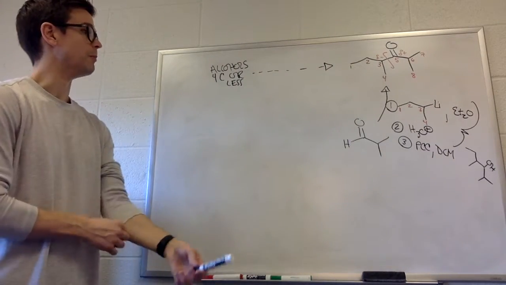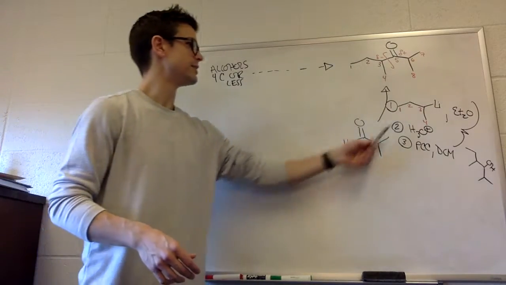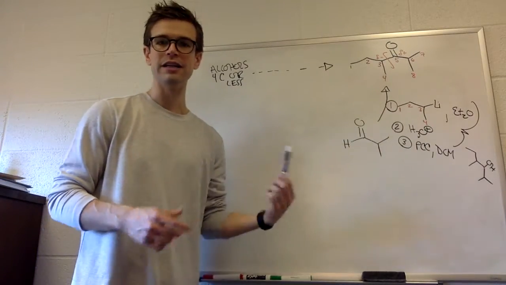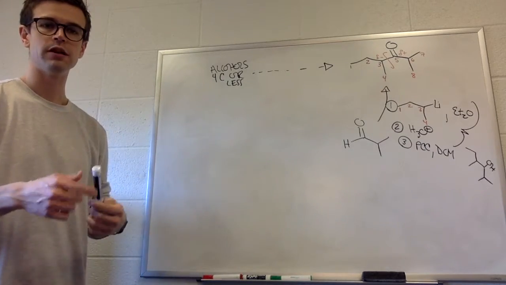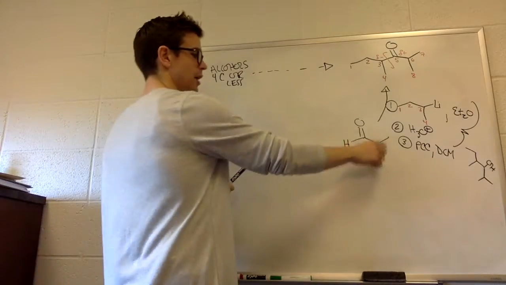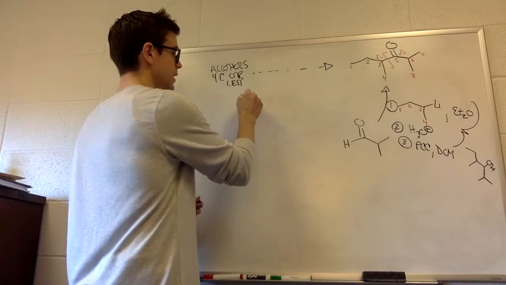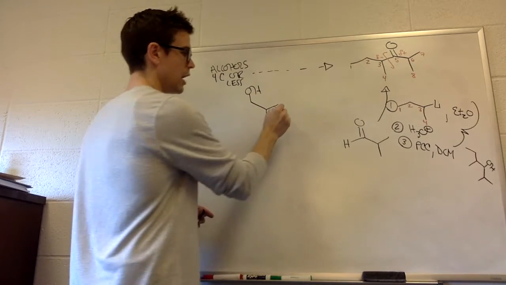So how do we get to here, though? Because this is the disconnection that we can say we need to do, but we have to get there from 4 alcohols of 4 carbons or less. So this is an aldehyde, not an alcohol, so we have to take an alcohol. So we can take an alcohol that looks just like that, and we can convert it.